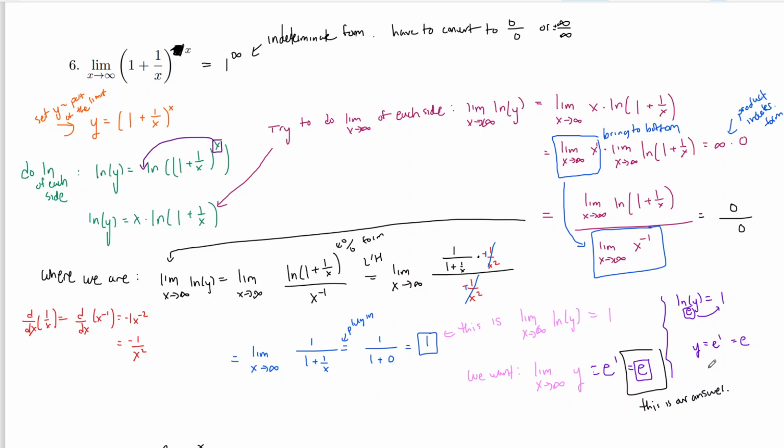Now it's extremely common when you have the 1 to the infinity indeterminate form, when you convert and do all this stuff, that you get e's in your answer. You can get it with the other forms as well, 0 to the 0 or infinity to the 0, the other two indeterminate forms that are exponential, but it's pretty much unavoidable when you have 1 to the infinity.